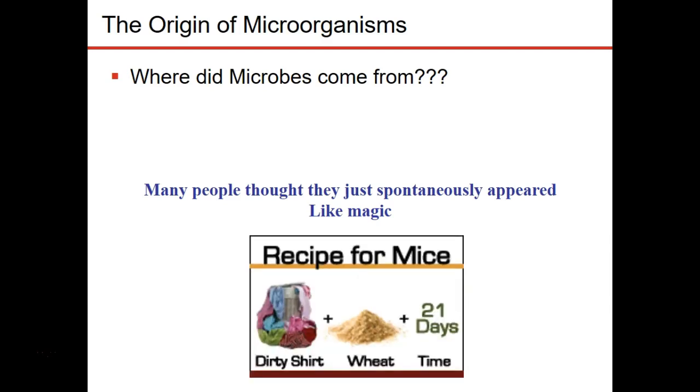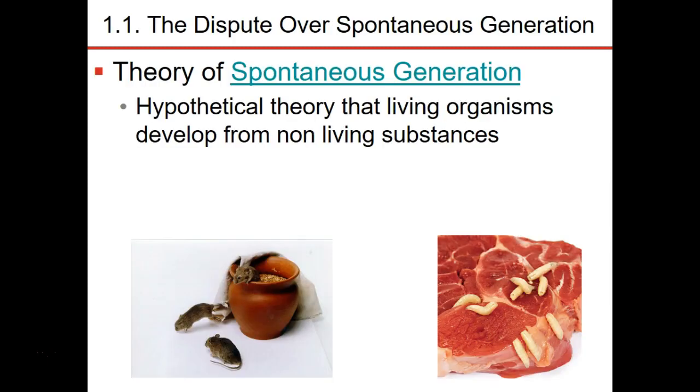One example of that theory is if you have dirty clothes and you put those dirty cloths in a dark, cool area where you keep maybe wheat or other grain, in a couple of weeks, you're going to have mice.